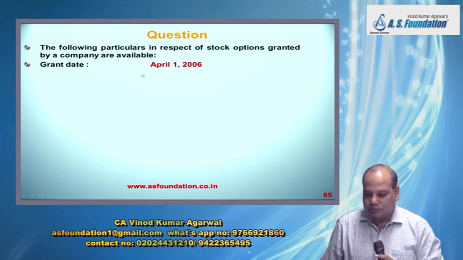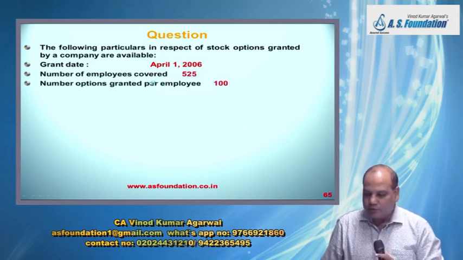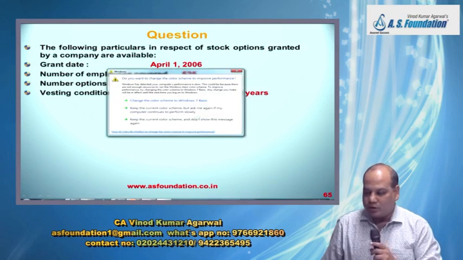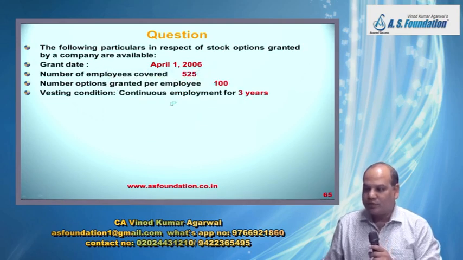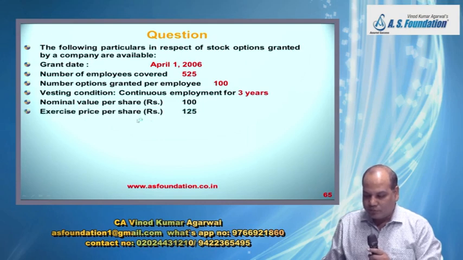Grant date 1st April 2006. Number of employees covered 525. Number of options granted per employee 100. Vesting condition is continuous employment for 3 years. This is called service condition. Nominal value of equity share is 100 rupees per share.